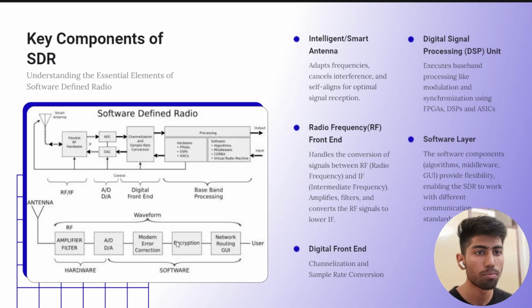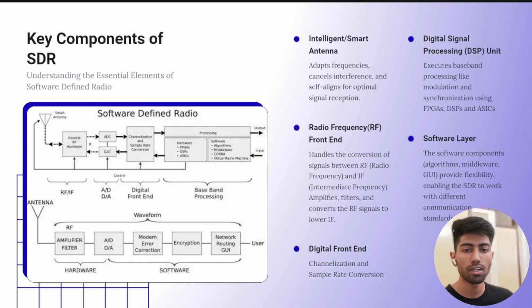So what are the key components of SDR? A key component is the smart antenna, which captures radio frequency signals from the environment and transmits processed signals. It acts as the interface between the SDR hardware and the wireless medium, taking input, and transmitting and receiving signals.